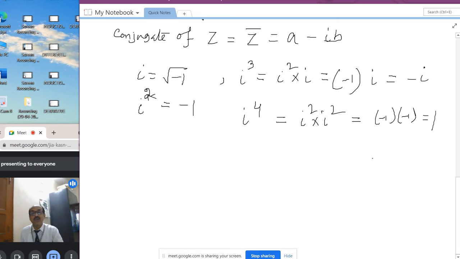So i to the power 4 equals 1. Okay. So we can use these different values of i. i is under root minus 1, that is a complex number. i square is minus 1, i cube is minus i, and i to the power 4 is 1.